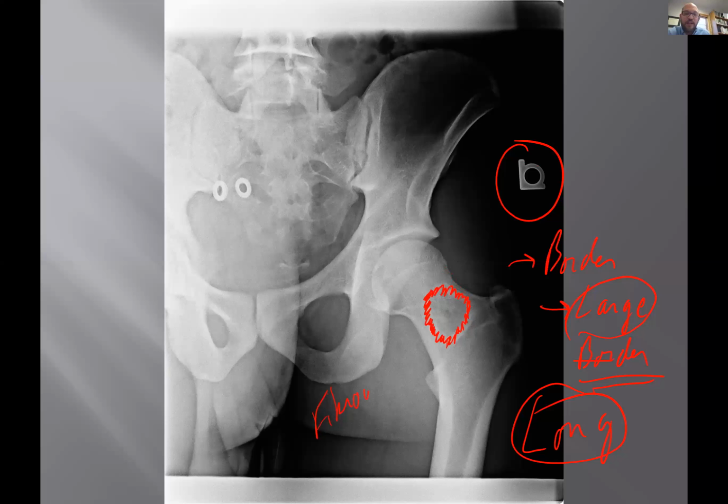But here's my point. I don't really care if you can slam dunk the diagnosis. We just keep working on it. It's more to remind you that radiographically, a thick rind of sclerosis is a sign of a non-aggressive process. It's virtually definitive for a non-aggressive process.